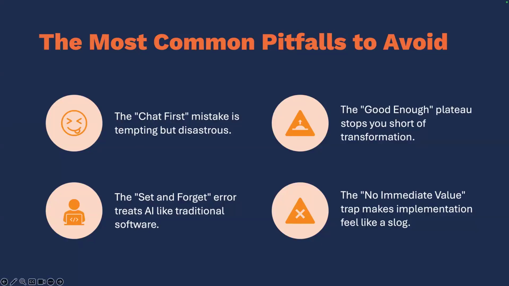Set and forget error. What does that mean? It means that you treat AI like software that you put out there and then it's just learning stuff. It is a learning system, and there are plenty of ways that it can automatically learn based off of the infrastructure you've plugged it into. But the reality is, if you just stop feeding it, it stops getting smarter. It's literally like a person. If you stop teaching a person processes and improved methods and new things, or improving documentation to go off of, AI is more than happy to spit out knowledge from, I'll say, 2005 or whatever super old knowledge you have.